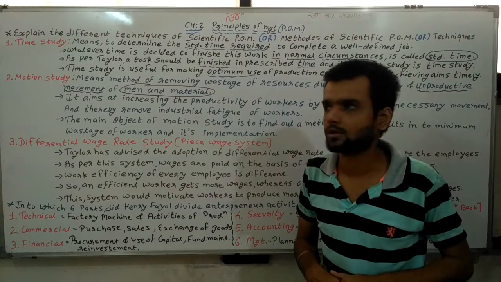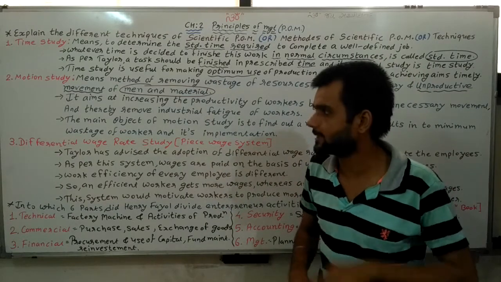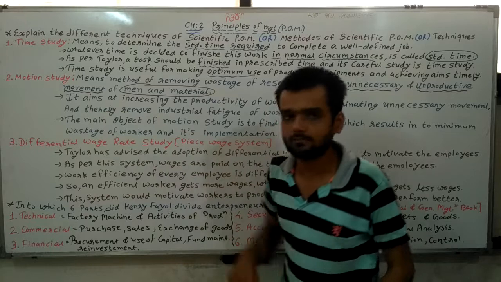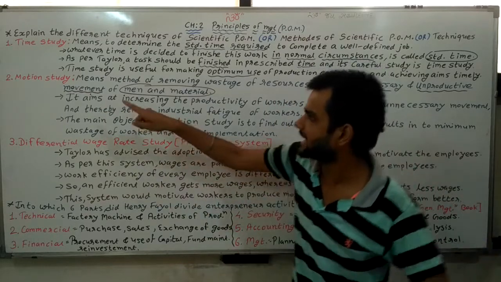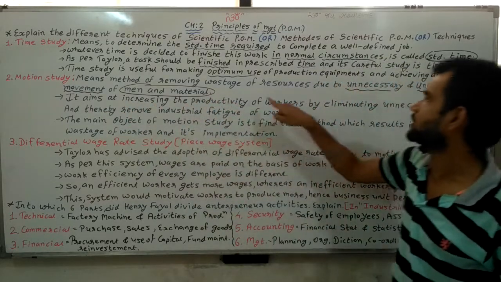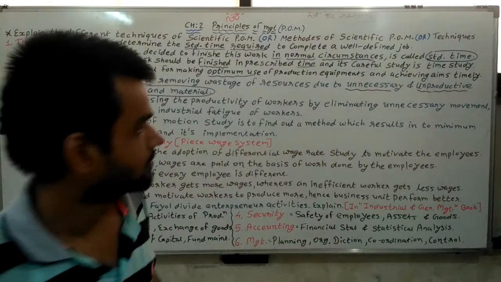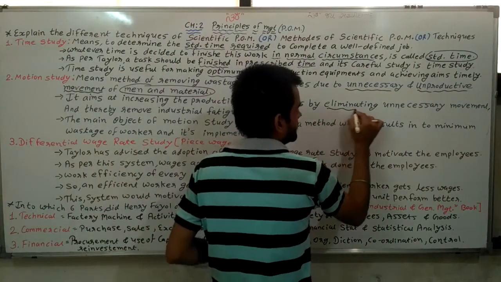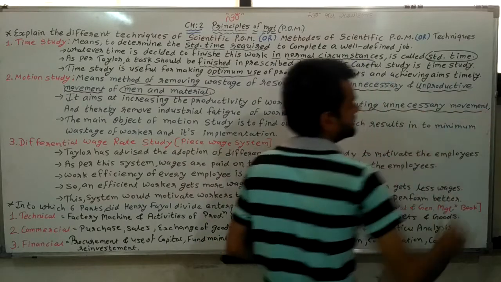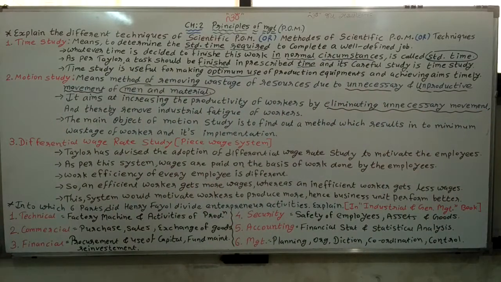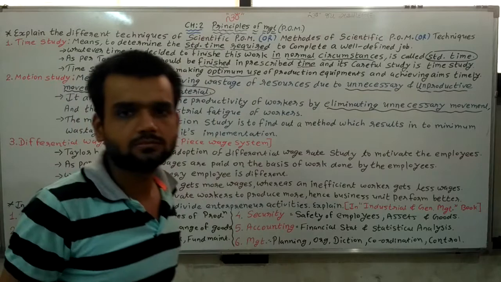Simple. So first point, what is motion study? Second point, its aim. Why is motion study required? Its aim is increasing the productivity of the worker by eliminating unnecessary movement. Now eliminating these unnecessary movements and increasing productivity. Simple.